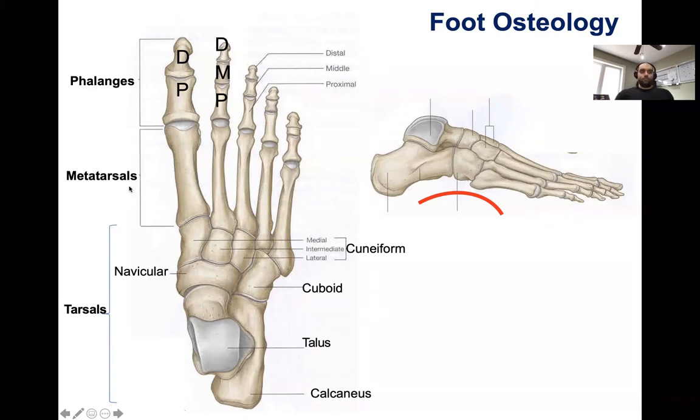So numerous attachments, and the talus probably has the most ligaments in the foot. And many of you may have even injured them at some point. The most common way to injure your ankle is what they would call rolling your ankle, but it would be a plantar flexion inversion injury.